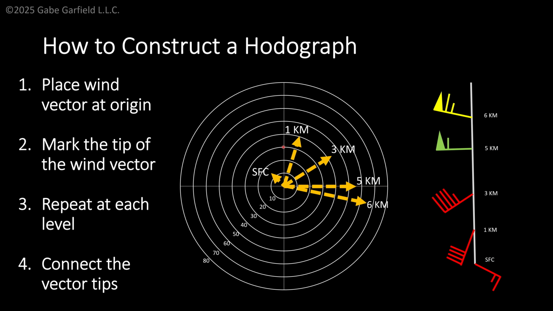And now we're ready to connect the vector tips. So from the surface to 1, and then from 1 to 3, and from 3 to 5, and from 5 to 6. Okay, so those lines, the red line, the green line, the yellow line, those are essentially the hodograph itself.